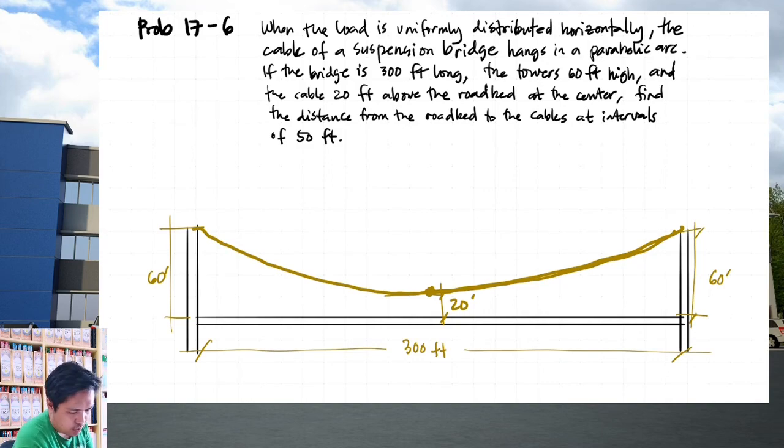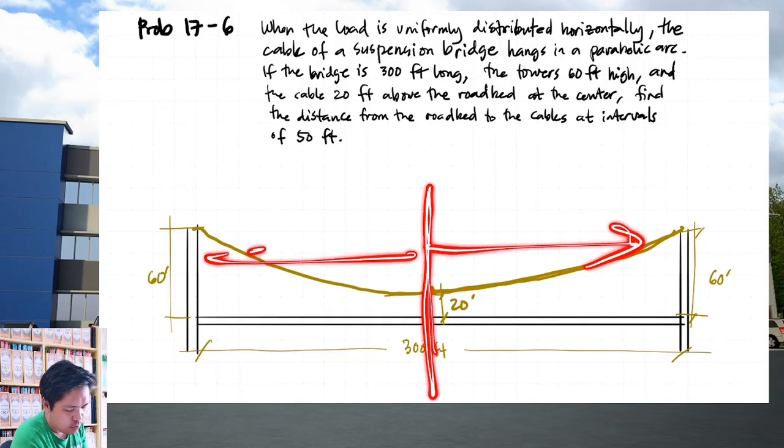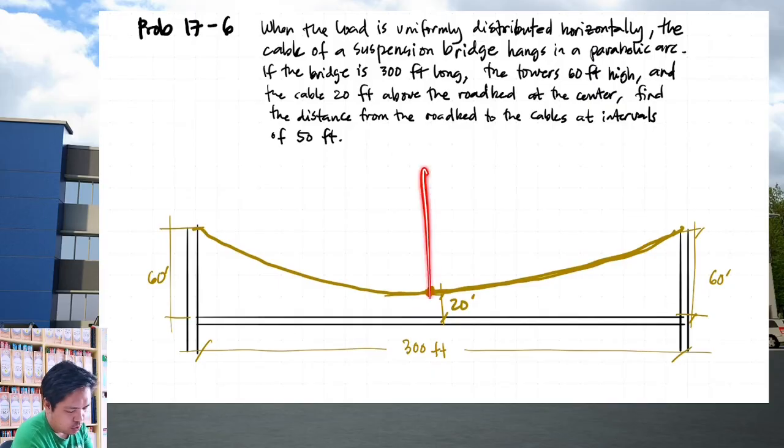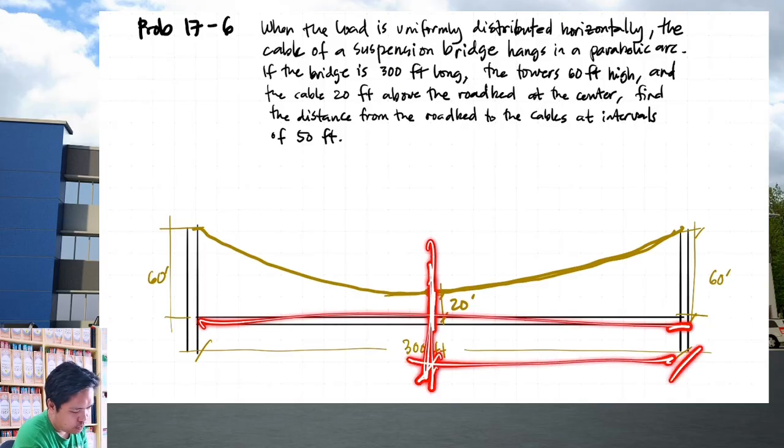O ganito na lang, since this is just symmetrical from here up to here, pwede din yung mga intervals dito na natin ilagay, because that is the same intervals, or the distances from the roadbed to the cables, ganun din naman dito. Okay, so meaning if this is 300, so this is 150, so at 50 feet interval, that would be eto, then eto.